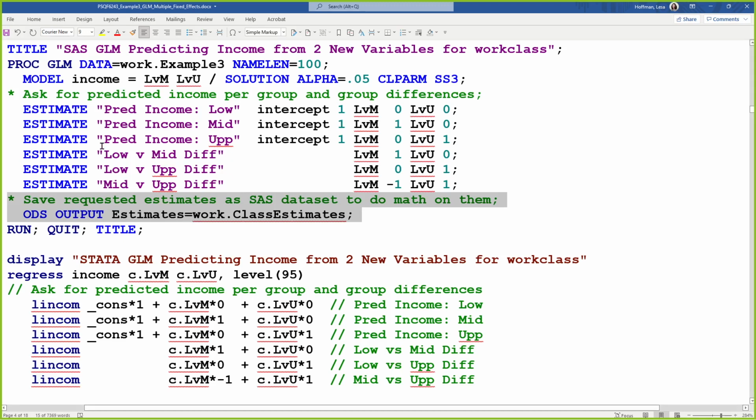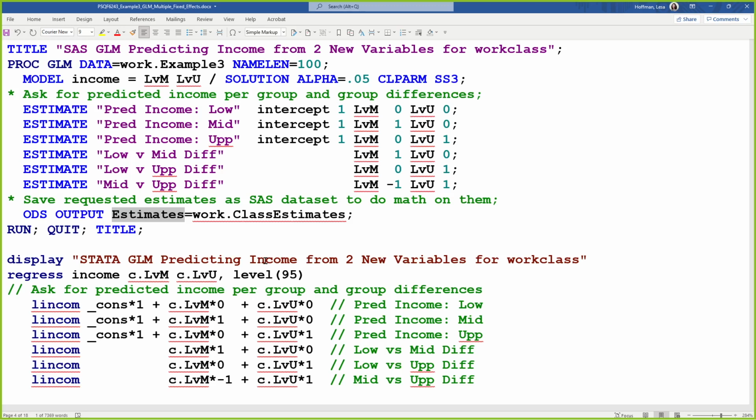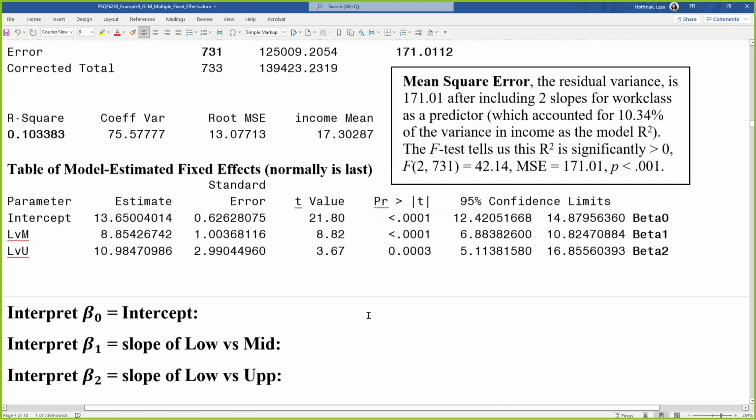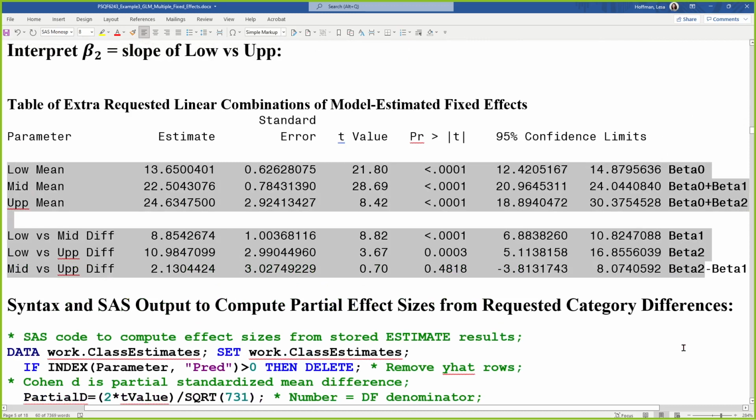So what I am asking for is this table of results, which SAS has labeled as estimates. Within the SAS documentation, you can access what it has named things so that you can communicate. It is being saved as a new data set. The data set is going into the work library, and the name of the new data set is class estimates. So this piece of output right here has been converted to a SAS data set.